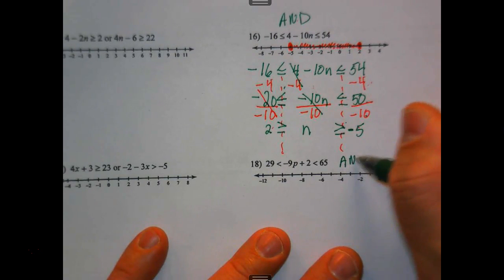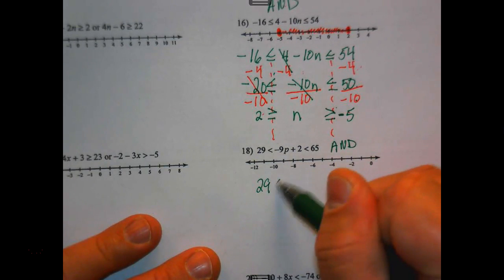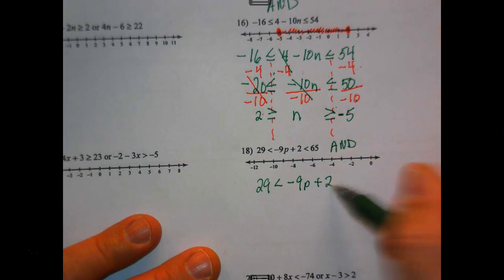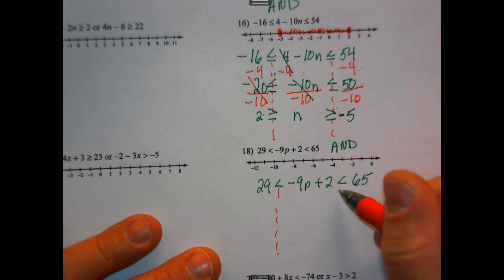Okay, 18 is also an and problem. It's condensed. Okay, it means I have 2 inequalities to solve.